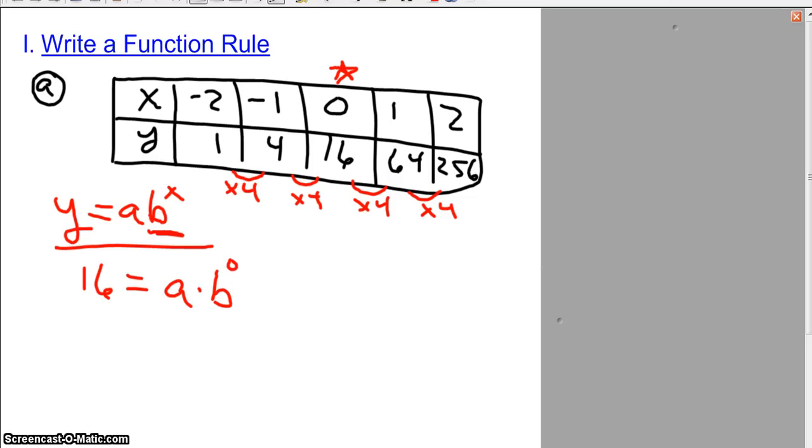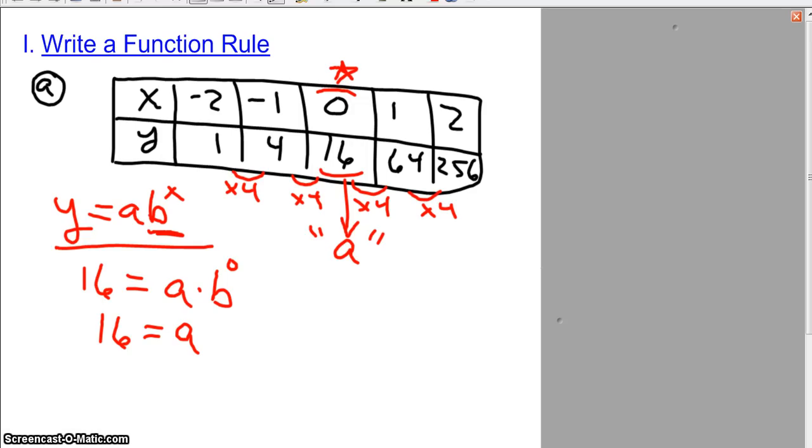I don't know what B is, but when I plug in 0 there, what do we get? 1. So 16, guess what, equals A. So if you have this point, 0, 16, you know your A value right there. It just pops right out for you.